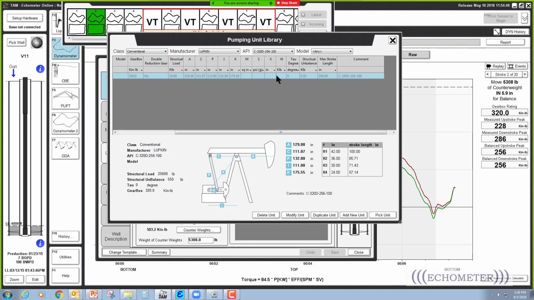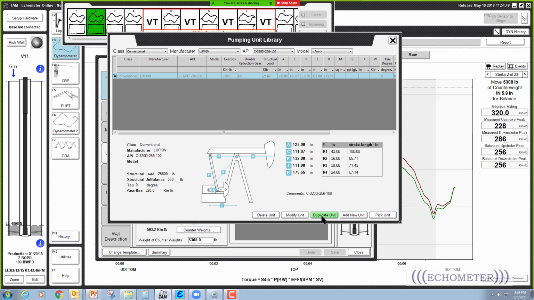It has the structural imbalance, maximum stroke length. It has just some information in the dimensions. Here's the dimensions that it's showing. You can change the unit, you can modify it, you can use this unit to duplicate it and then modify the dimensions for your own pump unit.